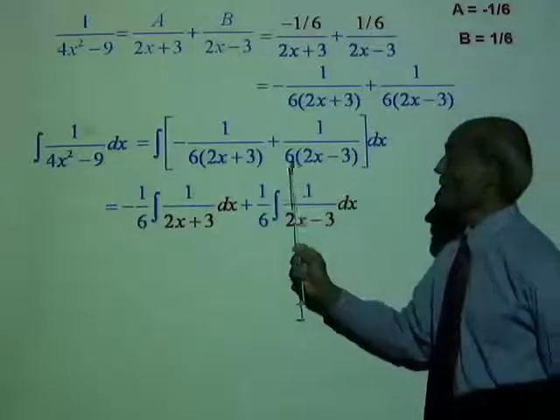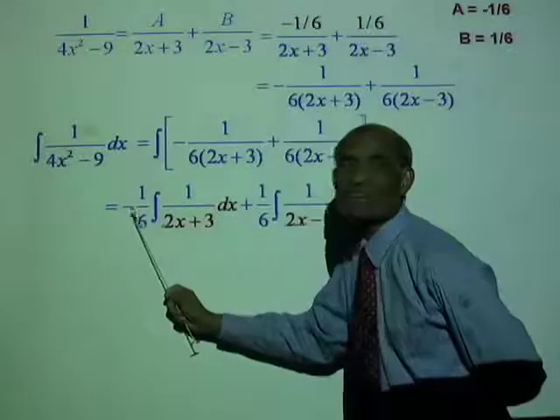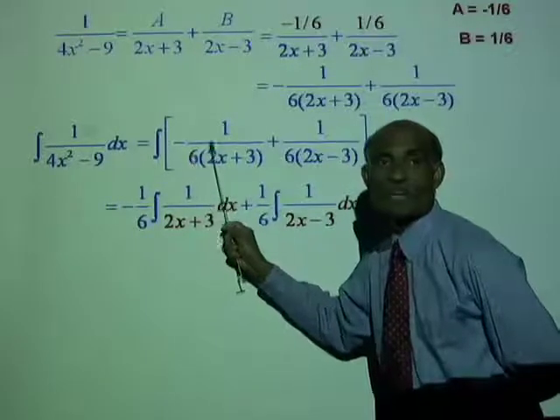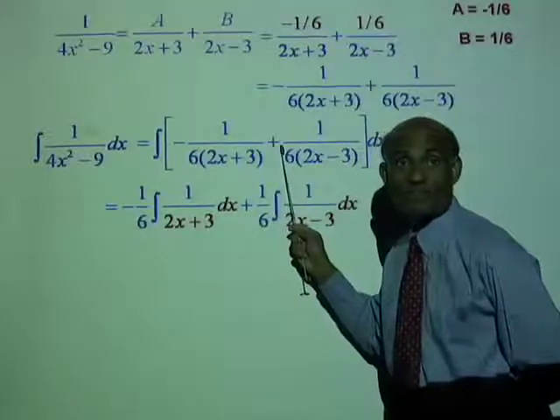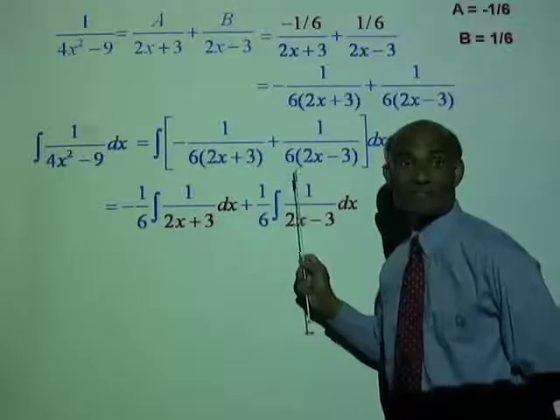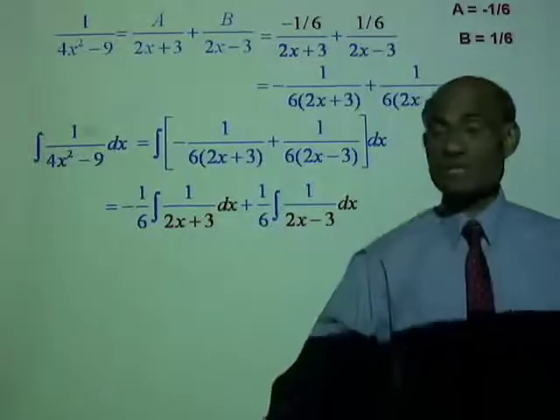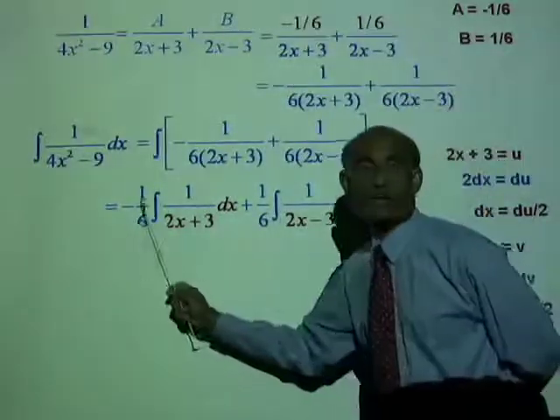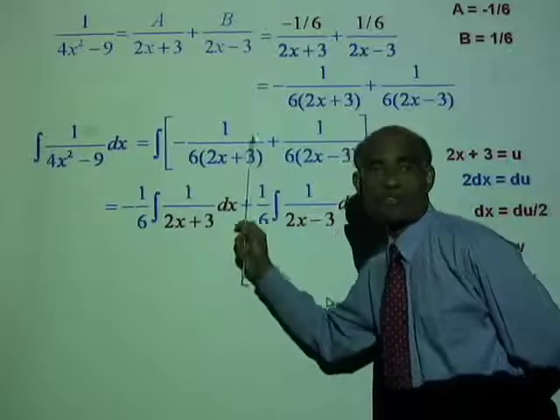Now, the first thing I can do is factor out a negative 1/6. If I factor out a negative 1/6 from here, this will remain positive and that will become negative. Is that right? Yes. So we are not factoring out the 1/6, we just take out the negative 1/6 from here.